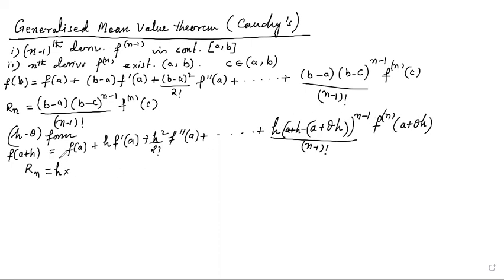So it is actually h to the power n into (1 minus theta) to the power n minus 1, divided by (n minus 1) factorial, multiplied by f^(n)(a plus theta h). Is it okay? How I have written Rn?